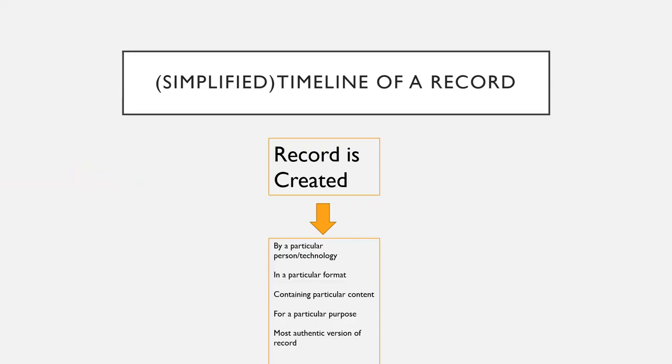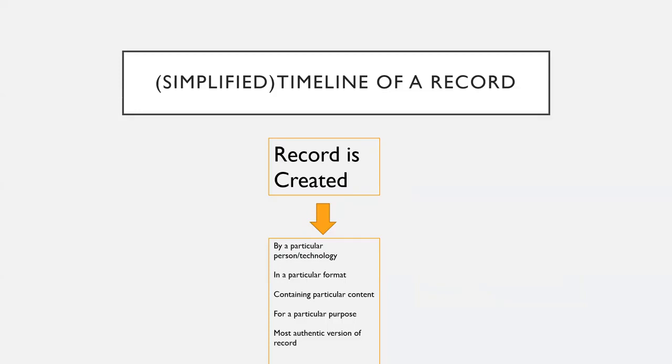It may be created by some kind of process that encodes images onto film, and is created in a particular format. So it may be in a particular type of film. The software may create records in a particular format. And so, you know, this can differ from record to record.